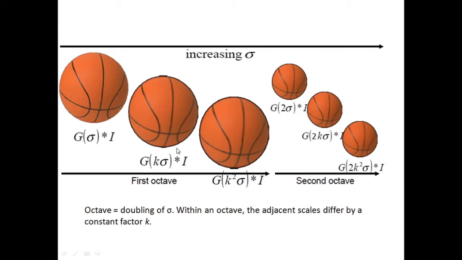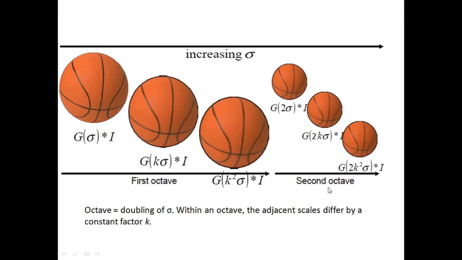So I said, this is my first octave and this is my second octave. The first octave image size is double that of the second octave image size. That means the image size is reduced to half that of the first octave.